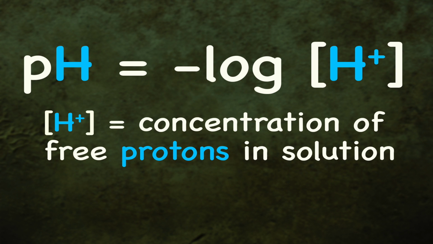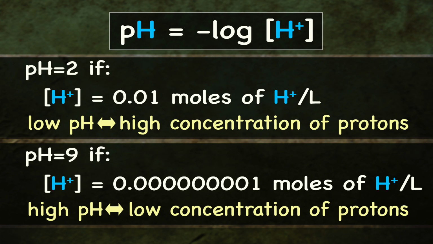It doesn't matter which acid it is, if it's sulfuric acid, folic acid, amino acids, doesn't matter. pH is only measuring the free hydrogen ions, the free protons. A low pH solution is an acidic solution because there's lots of protons floating around. A high pH solution is basic because there are relatively few protons floating around. So pH less than 7 is acidic, pH greater than 7 is basic.